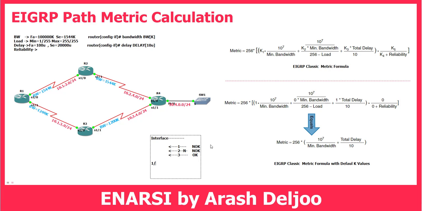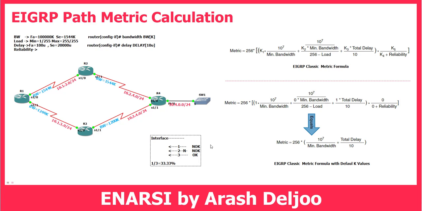And actually we can say the reliability of this interface is 33.33%. This is the reliability. The reliability is the ratio of the correct packets over all packets.